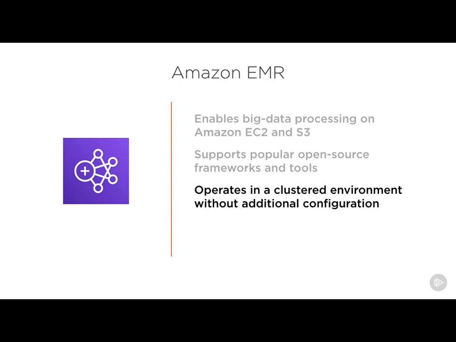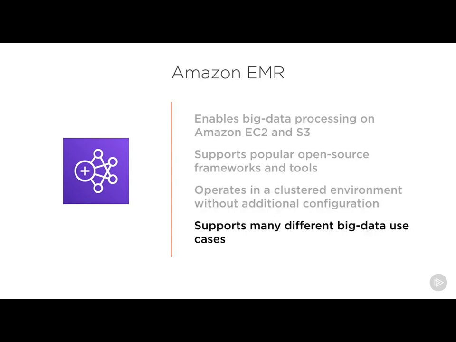If you were choosing to do this on your own, just directly in Amazon EC2, there would be a lot of configuration that would go with getting these tools set up and then having them operate in environments where you have more than one server where they all need to work together, and this is just included as a part of the service. And because it includes these popular tools and it has this clustered environment, it supports many different big data use cases.